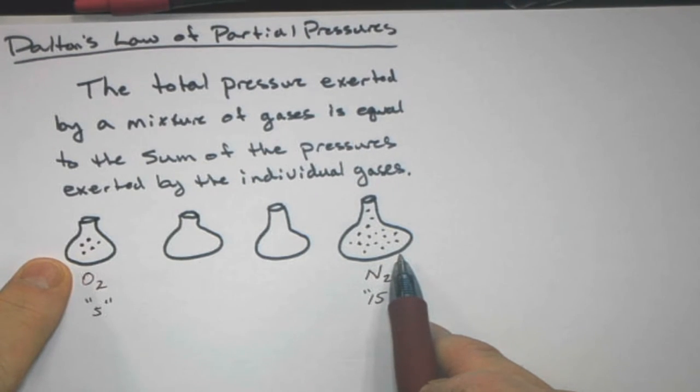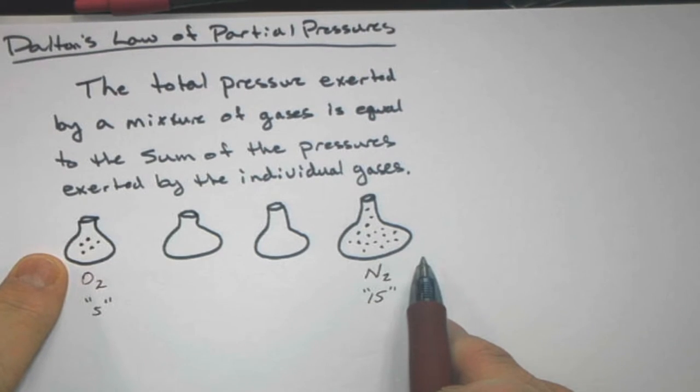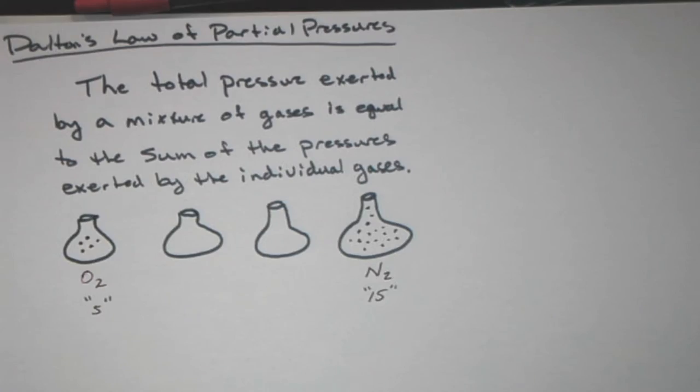If this has 5 moles and this is 15 moles, then the pressure inside this flask would be not just greater, but 3 times greater. If we have triple the moles, we're going to have triple the pressure, if it's the same flask, same volume, same temperature.